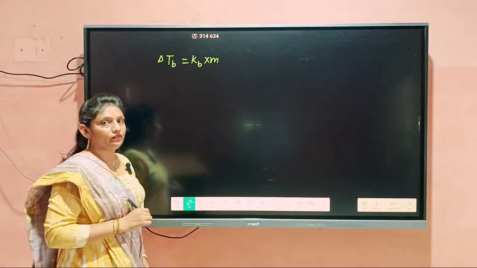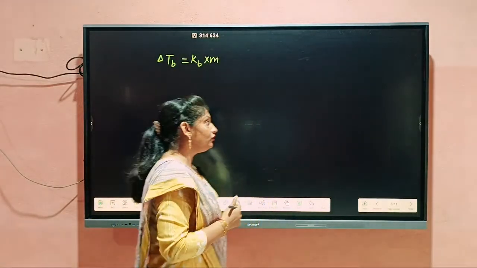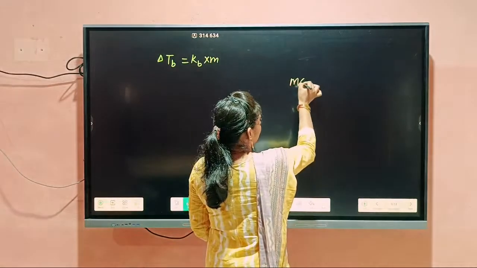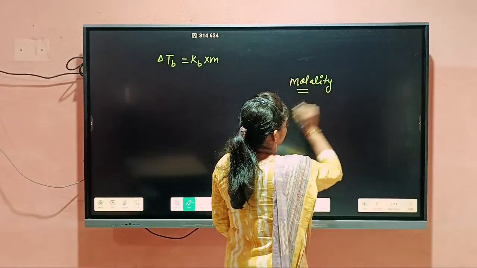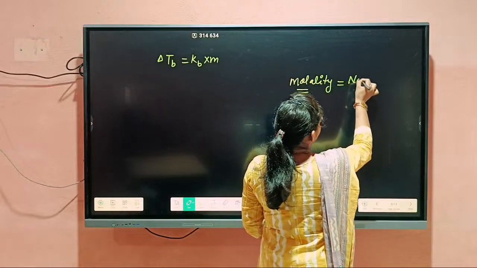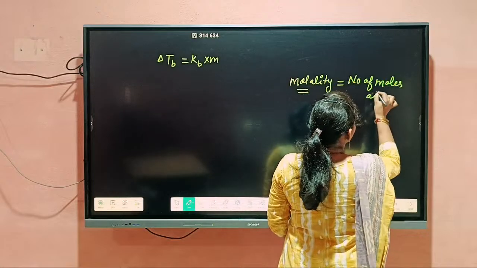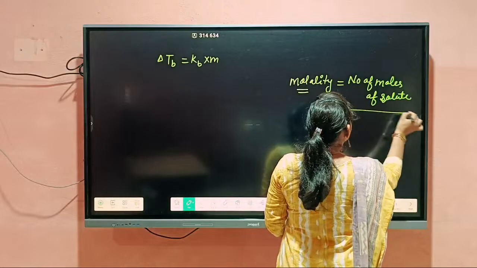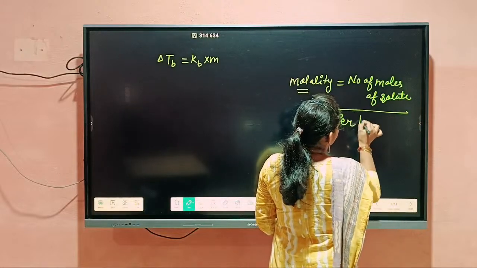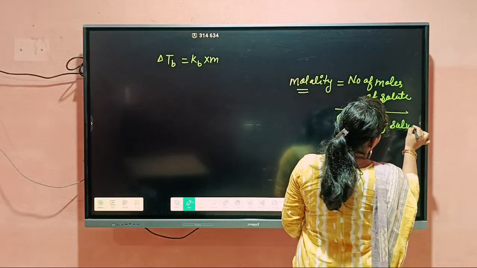We can calculate the value of the mass of the solute also. You know very well, molality is the number of moles of the solute dissolved in per kg of solvent.